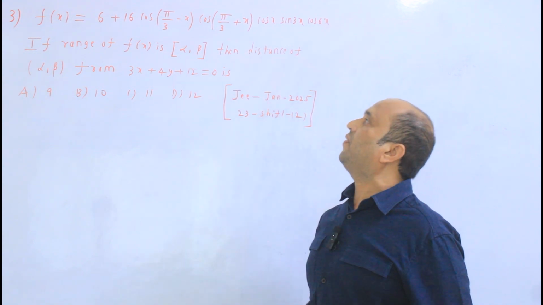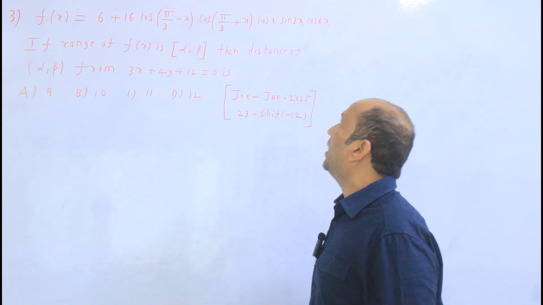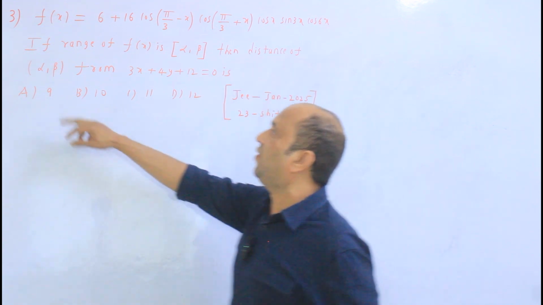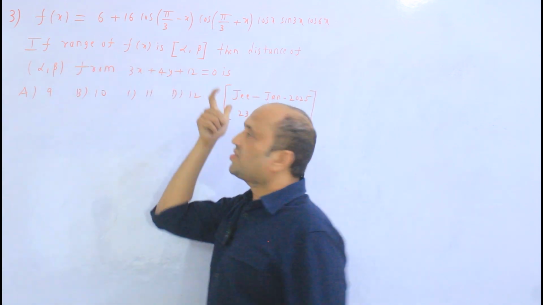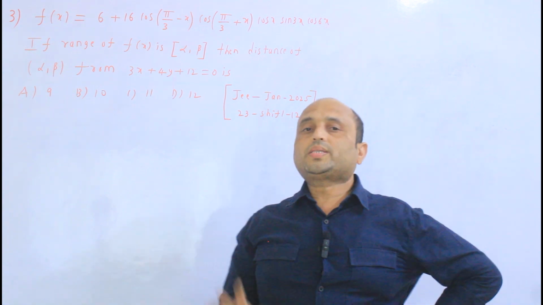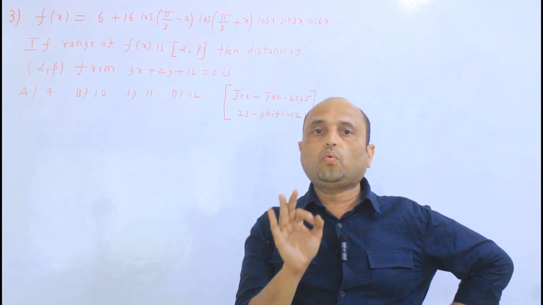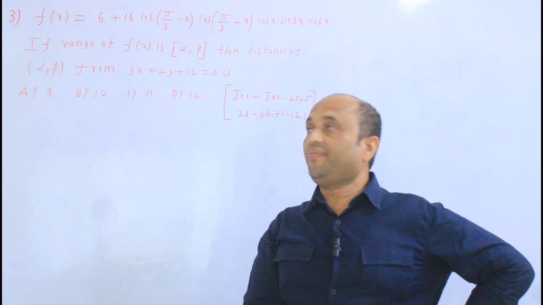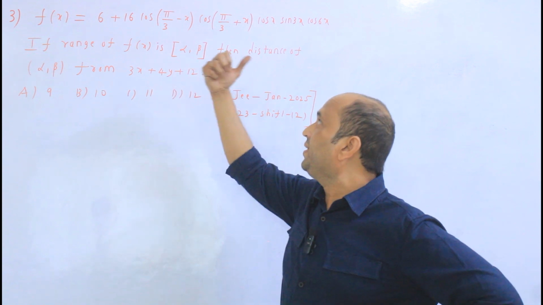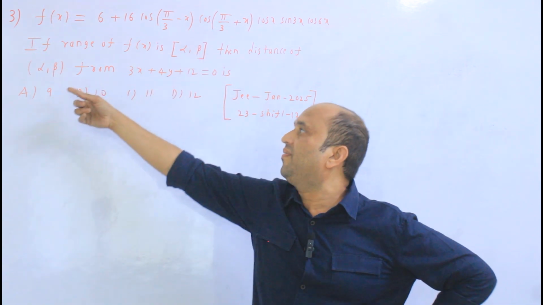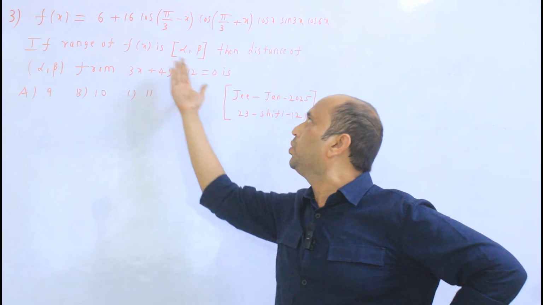If the range of f of x is alpha comma beta, then find the distance of the point alpha comma beta from this straight line. So in this question, first of all, you want to find the range of f of x.